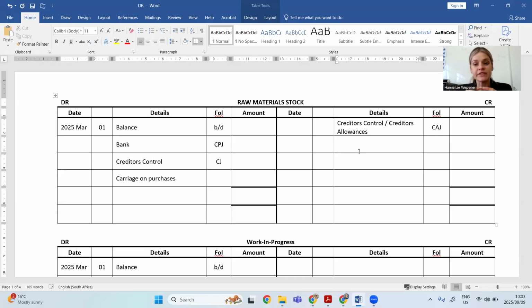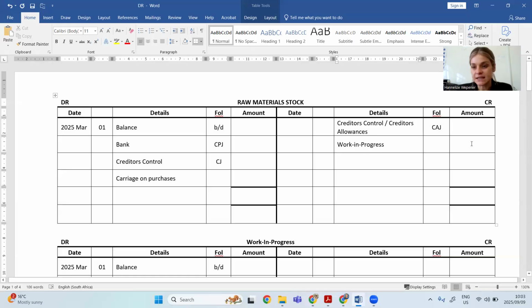Then some of this you now actually have to start using in your manufacturing process, which means that you're going to start working on it. So work in progress or work in process, doesn't matter which one, and you will do that transfer in your GJ. I'm not concerned about the folios now, I'm concerned about the movement. Okay, so work in progress.